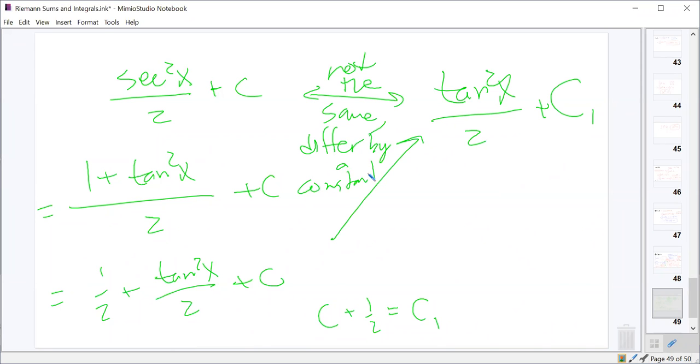And it's okay if two integrals differ by a constant, right? Because it doesn't matter what that constant is. It can be any value that we want. And so if we got the answer of tangent squared x over 2 plus a constant, that constant is greater by 1/2 than the constant if we'd gotten secant squared x over 2 plus a constant. You guys see that?